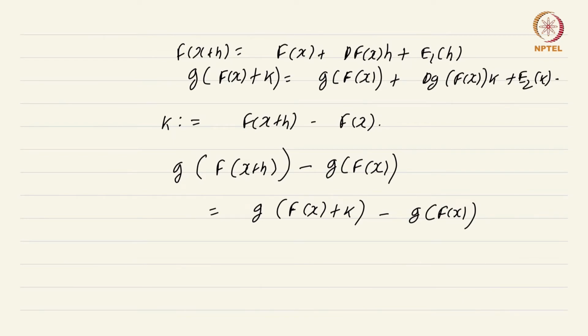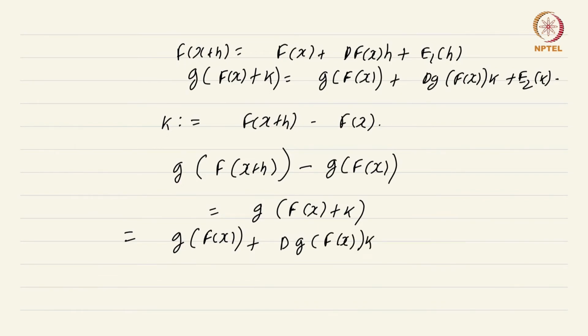Okay, which is going to be, or rather let me just write it as, this is equal to, let me take it to the other side, this is equal to g of f of x plus dg at the point f of x acting on k plus e2 of k.